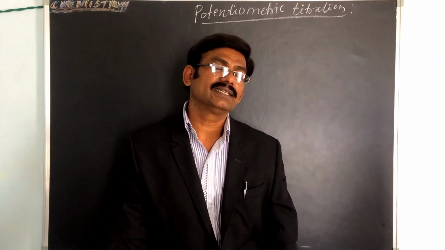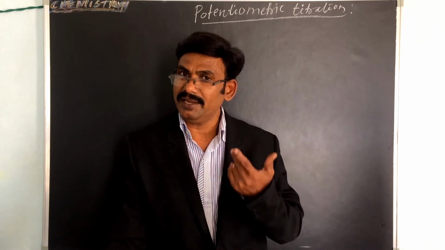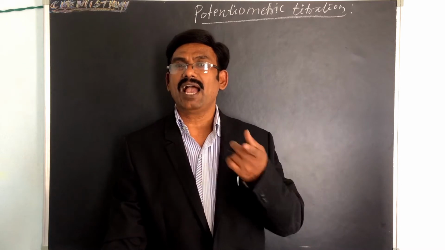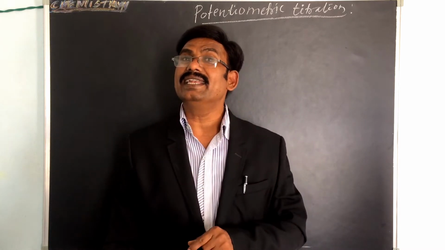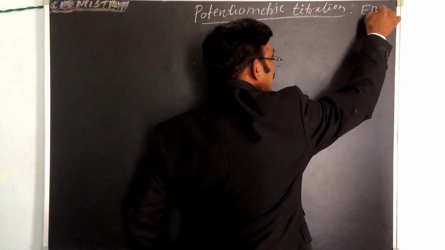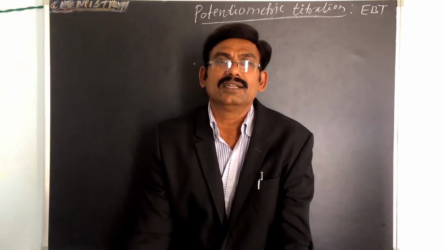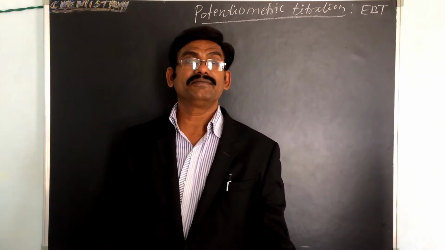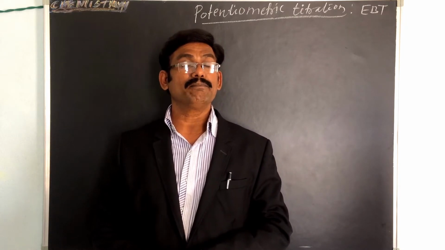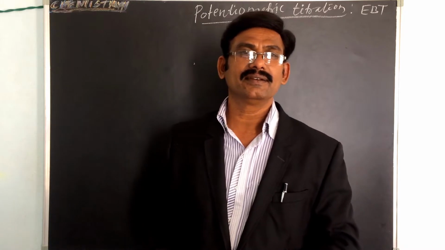In the first unit, we did some titrations. Have you any idea? Some reactions. The hardness of water estimation, where we used the EBT indicator, Eriochrome Black T, for the estimation of the hardness of water by the complexometric method.